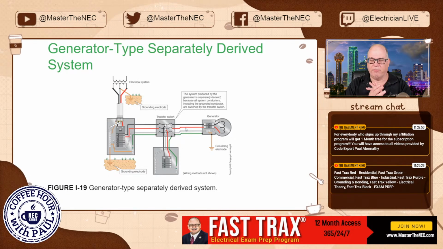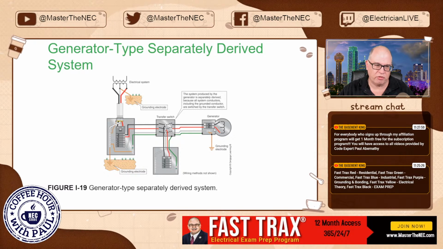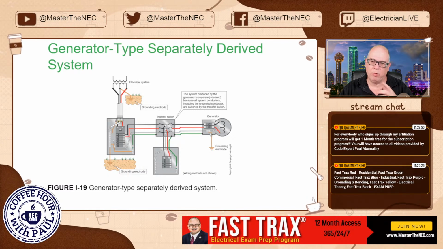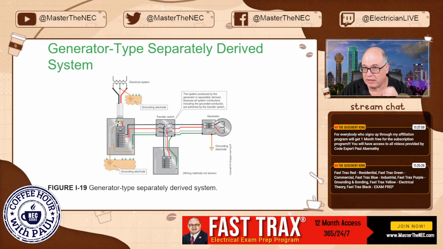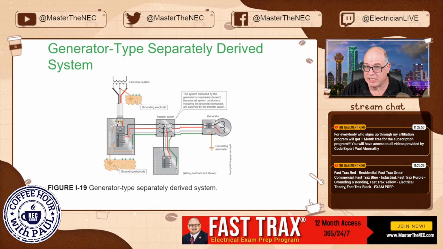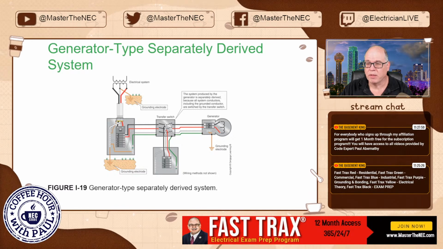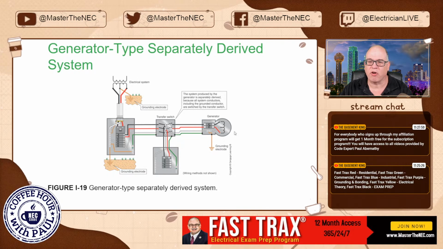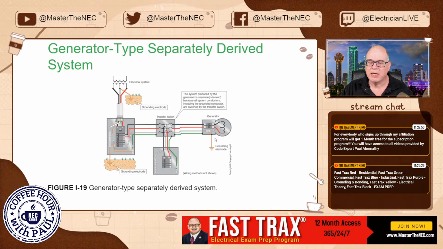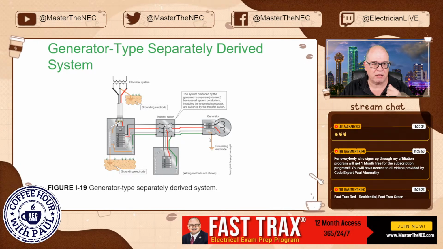Be very careful, because I was part of a case years ago where the equipment came with this system bonding jumper installed, but they did not switch the neutral at the transfer switch. And what happened is you had this system bonding jumper installed and you had circulating currents on the metal parts, which created a hazard, and a person got hurt.